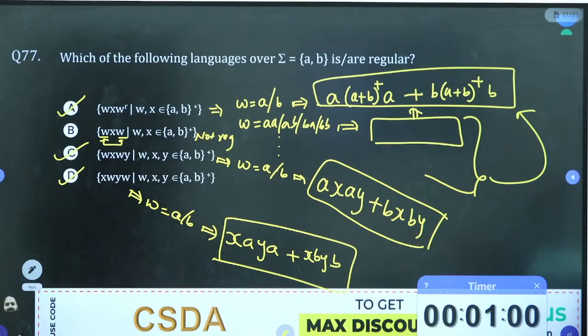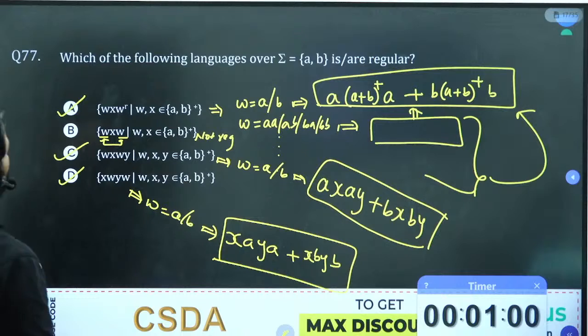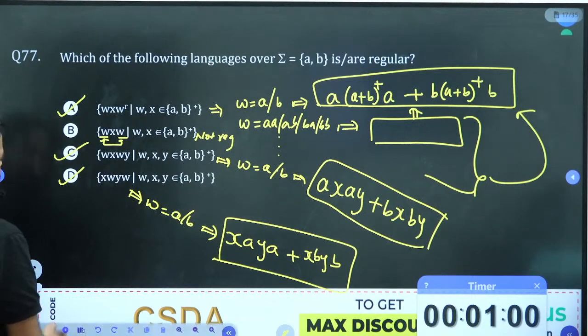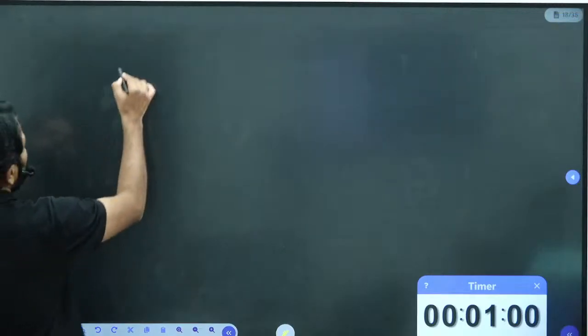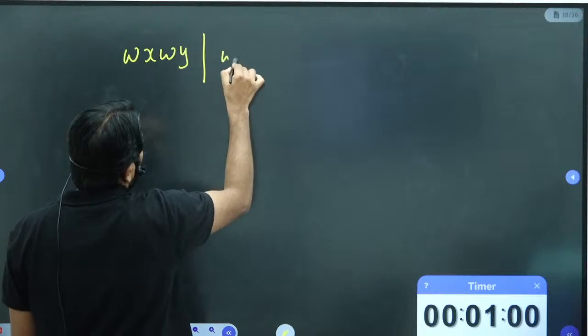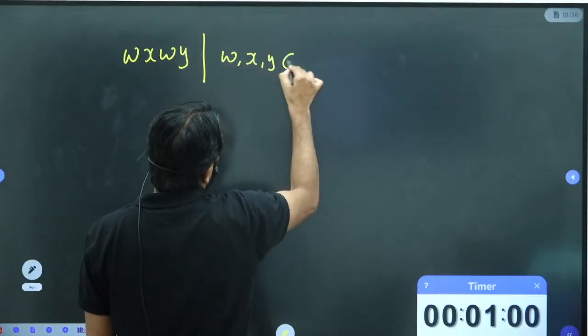It's plus, yes. So this is one of the important questions, and it may take some time to understand. If you really want it, I'll explain one problem here. Let's take w x w y, where w, x, y belong to (a+b)+.